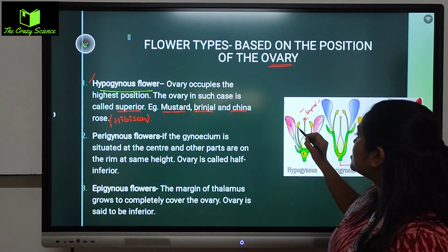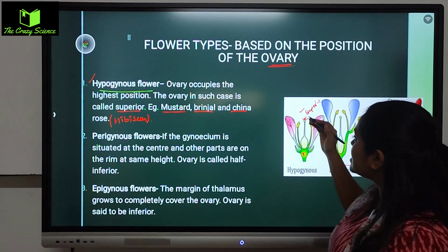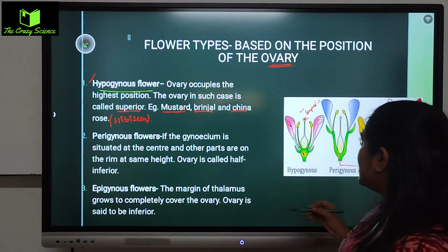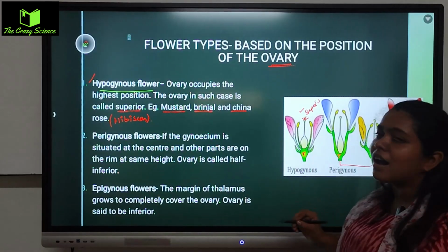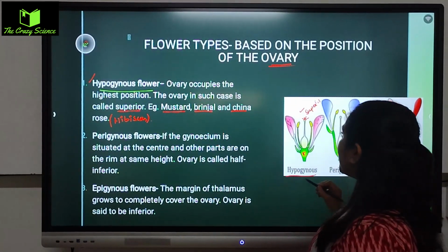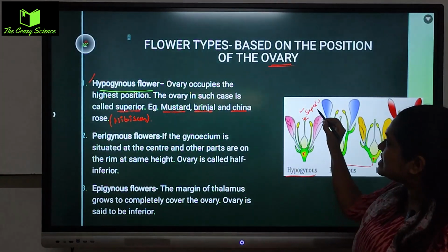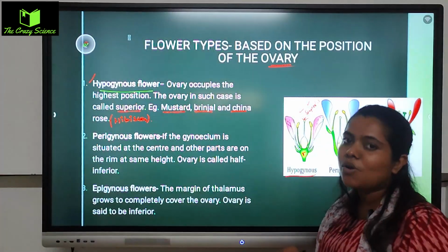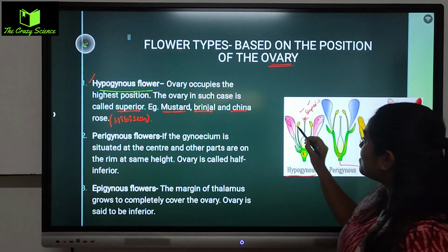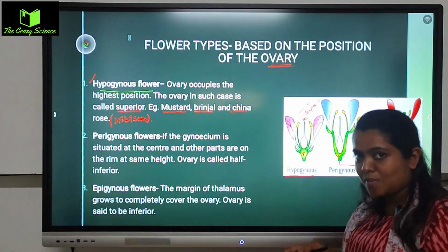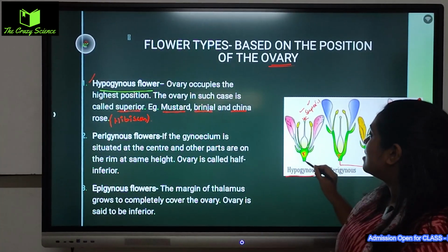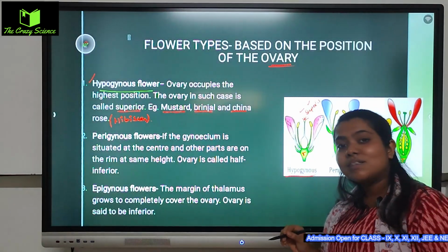এখানে বাকি পার্টগুলো যে male and female, male part is in the lower position where the female part is in the higher position. So যেখানে female part is in the higher position with respect to the androecium, these are called the hypogynous. Means female part, the pistil or carpel, is superior, and the male, that is stamen, will be in the lower position, and both are located on the thalamus or the receptacle.